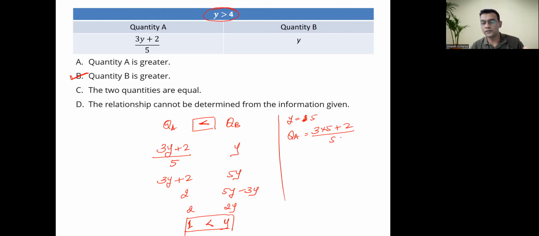So that is 15 plus 2 by 5, that's 17 by 5, obviously smaller than 5. So you will have to start placing values of y in various forms to get a consistency, which is much more time consuming. So I would rather do a simplification of my entire comparisons.